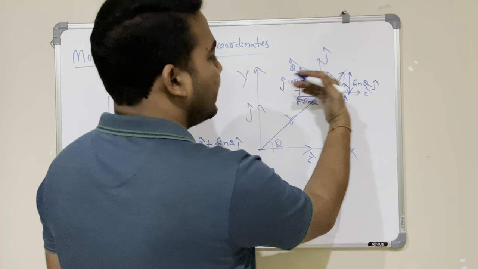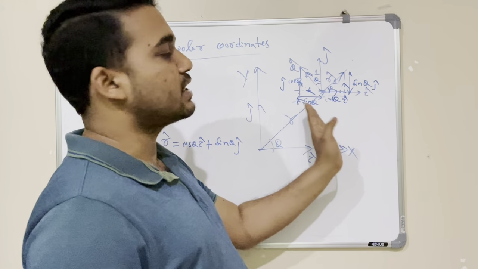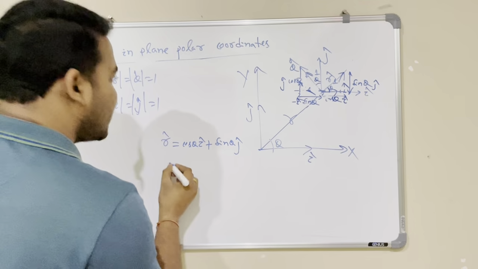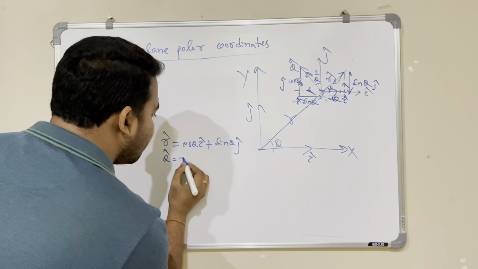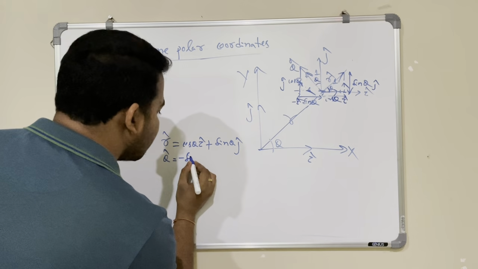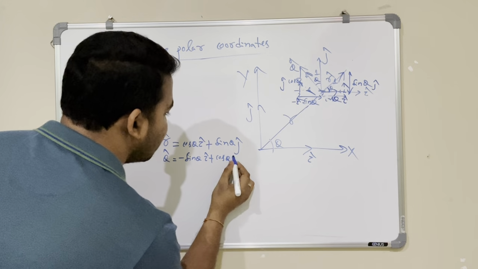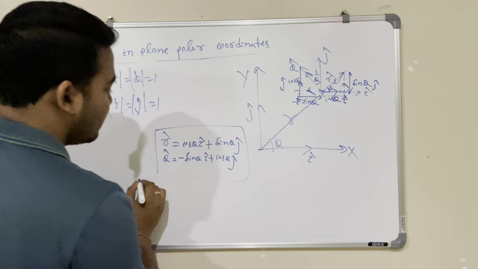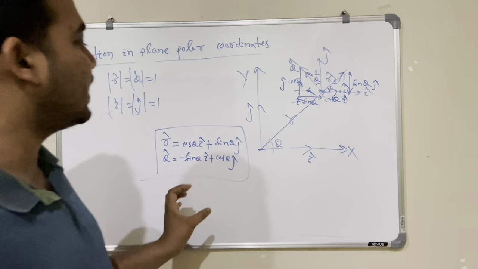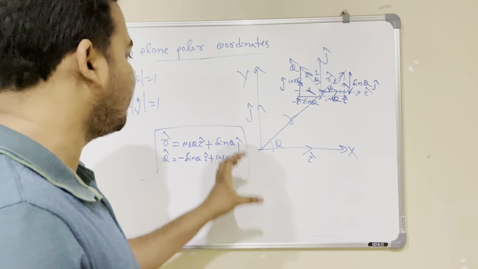So theta cap equals minus sin theta I cap plus cos theta j cap. This is the expression for r cap and theta cap in terms of I cap and j cap.